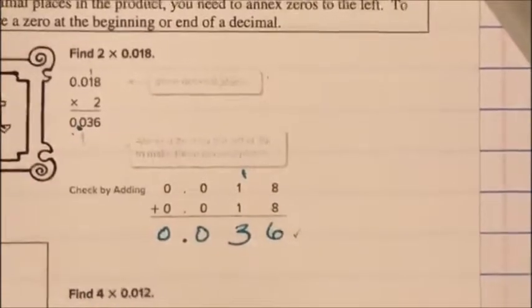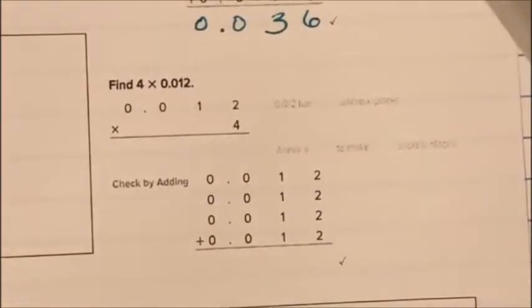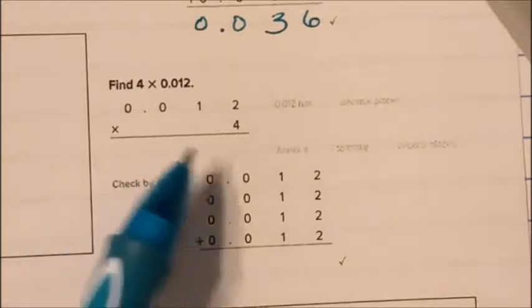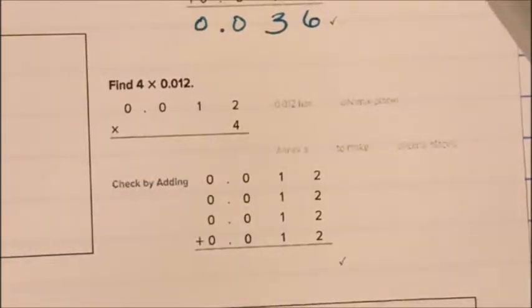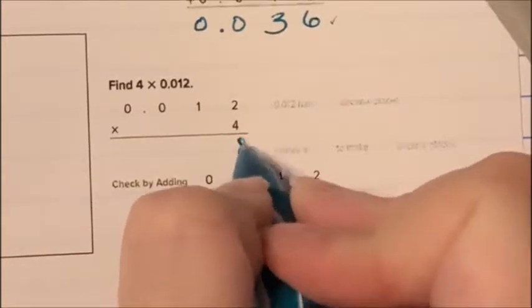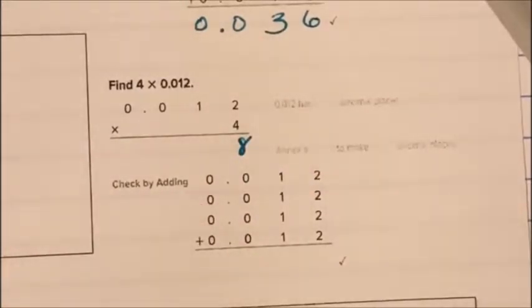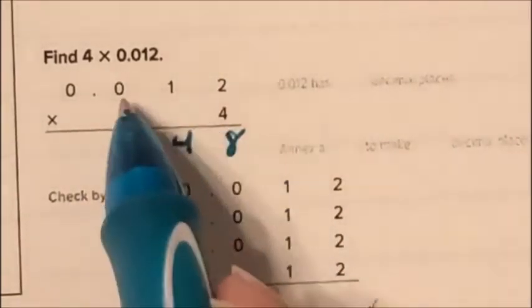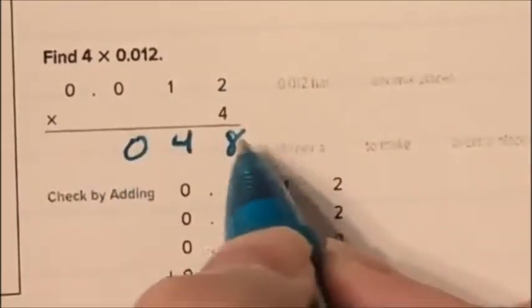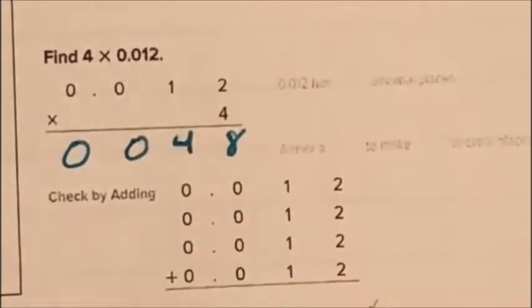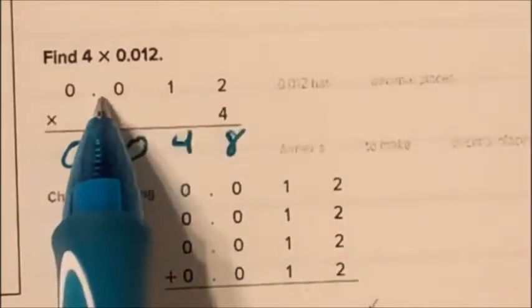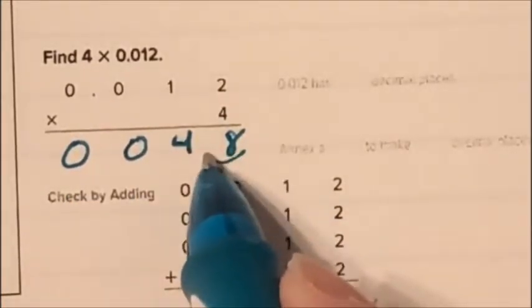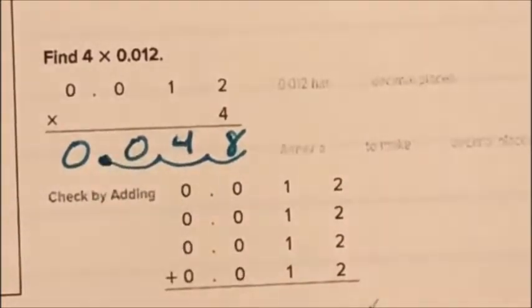Okay, let's look at the next example. It says find 4 times 0.012. So 4 times 2 gives me 8. 4 times 1 gives me 4. 4 times 0 gives me 0. And 4 times 0 gives me 0. There are 1, 2, 3 place values behind, so that's where my decimal goes.